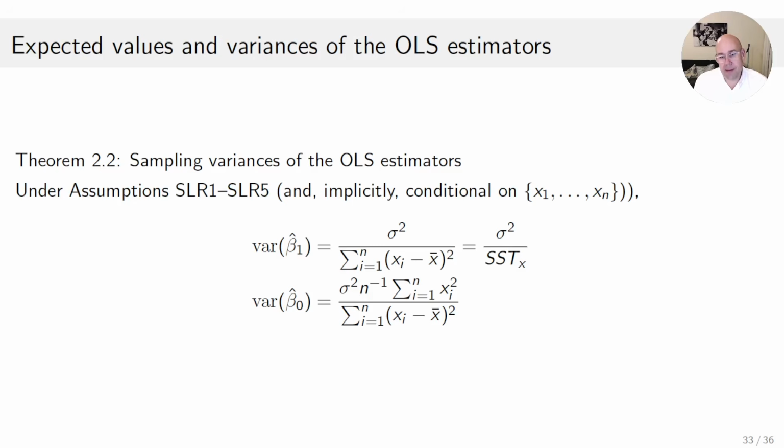At the same time, I see that variation in x appears in the denominator. So that also makes sense. The more variation I have in my x's, the better I can learn about my parameter of interest, which here is beta 1, right?